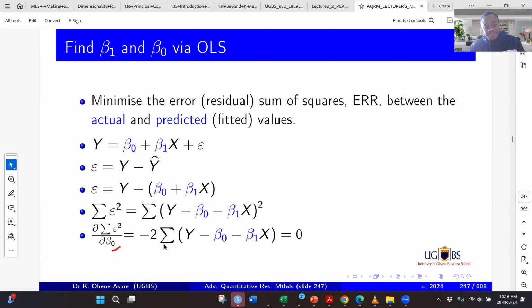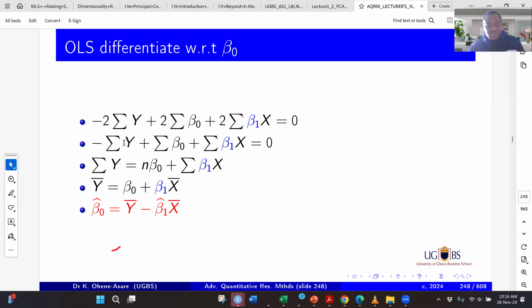You're going to have this. But just note that the first one alone will be minus, the ones in the bracket will be plus, plus. That's all you have there. So you have this one to be plus here, and this one to be plus here. The 2 is gone. The 2 is gone.